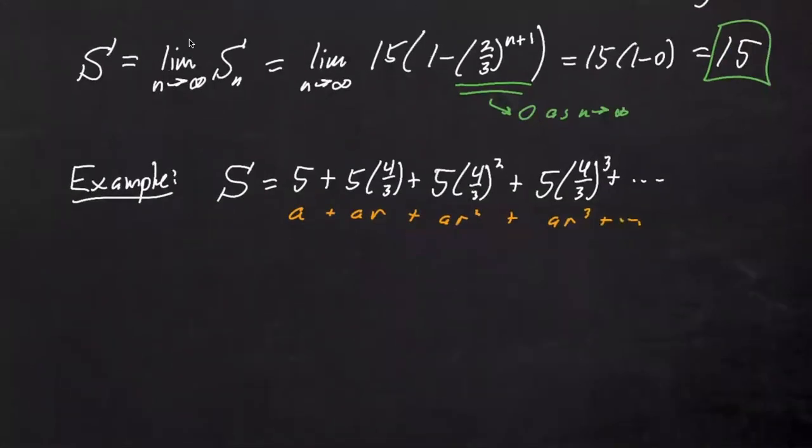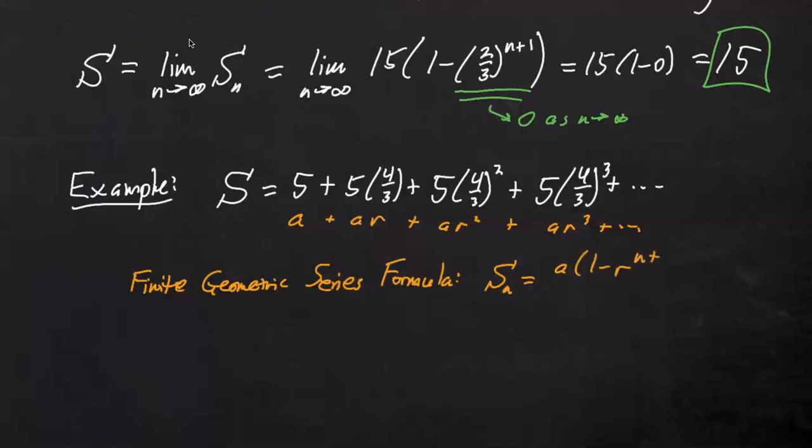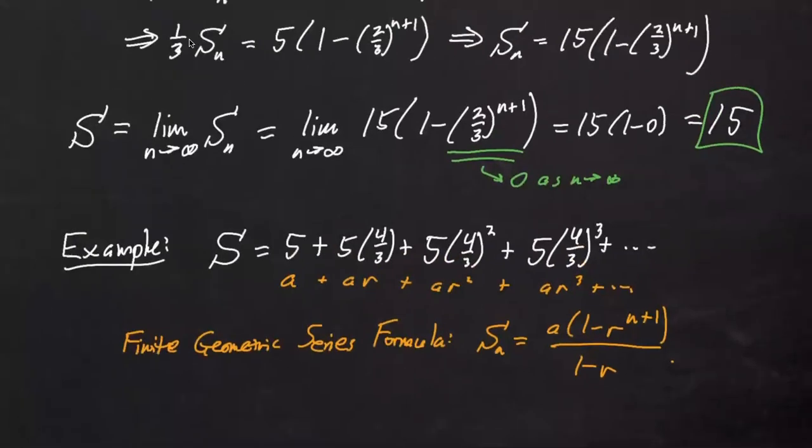And we said that we had the finite geometric series formula that we derived before, which said that if we stop at n, so Sn, it's A times 1 minus R to the n plus 1 over 1 minus R. That was the formula we derived. And you could check that, by the way, against the previous example to make sure that it agrees with the formula we got right here.